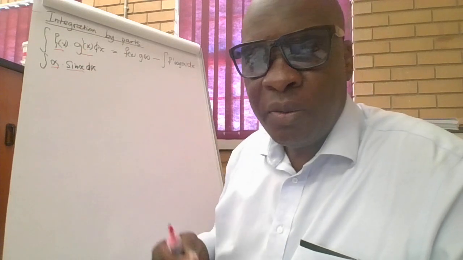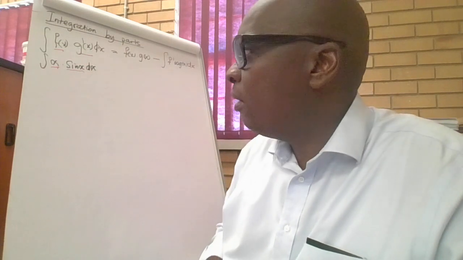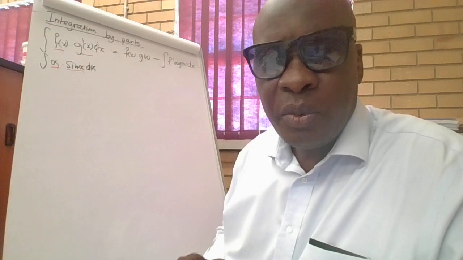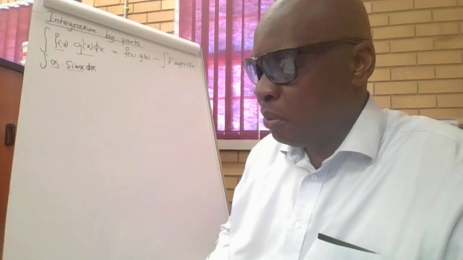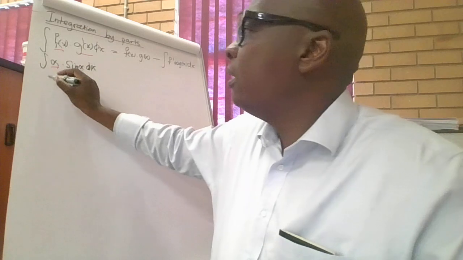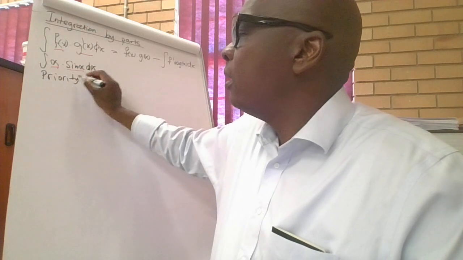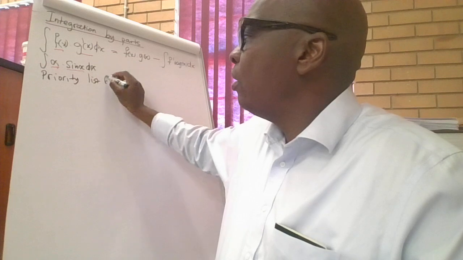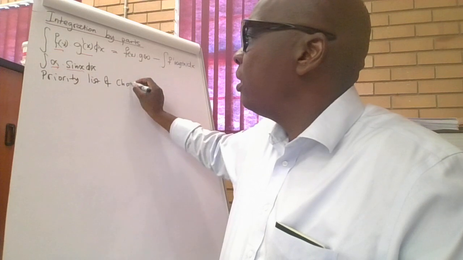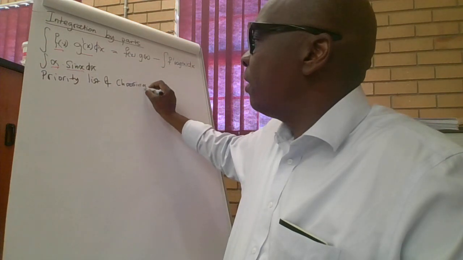So for us to deal with that, we have what we call the priority list. The priority list of choosing the function f of x.